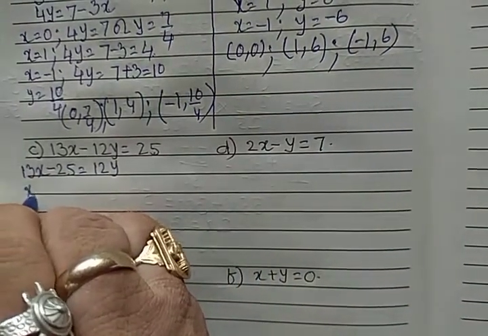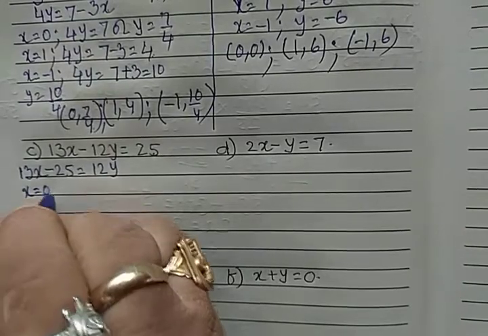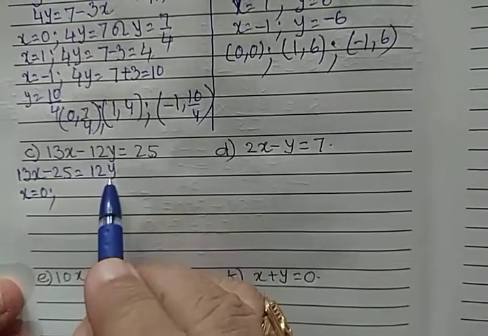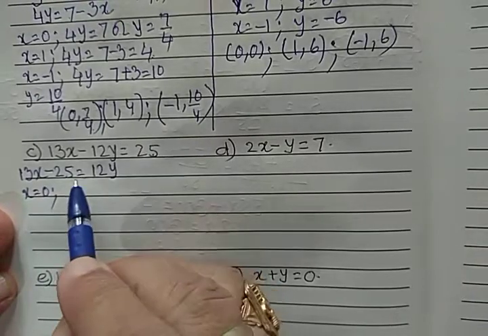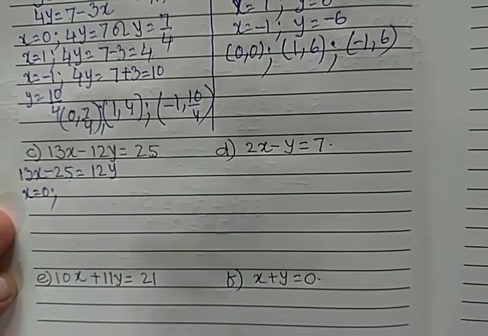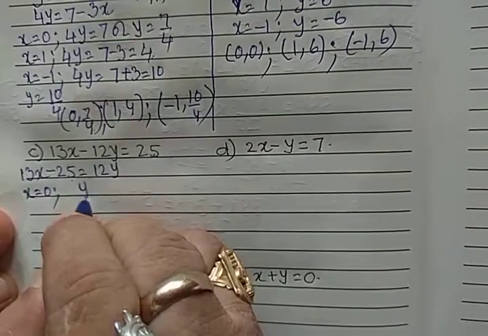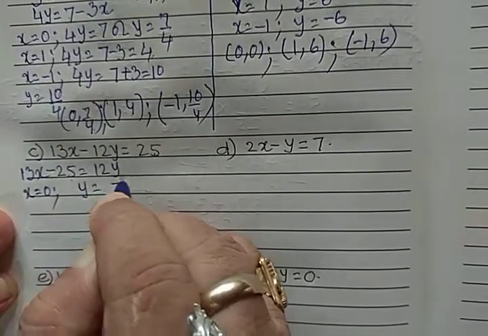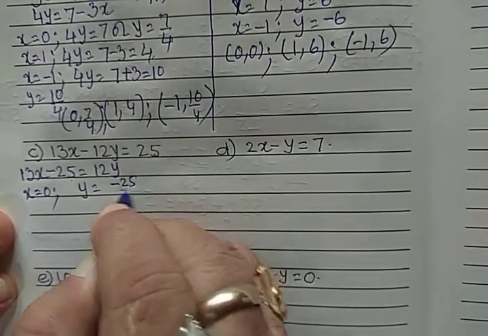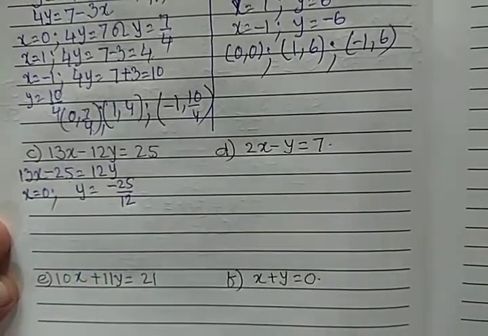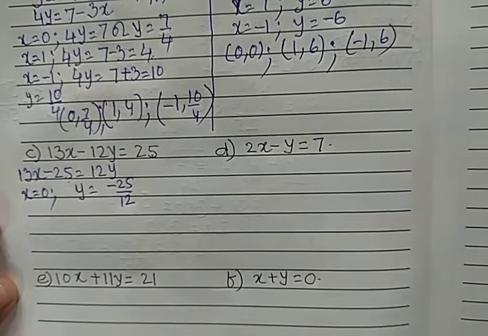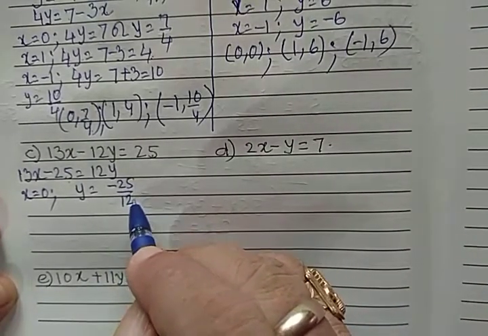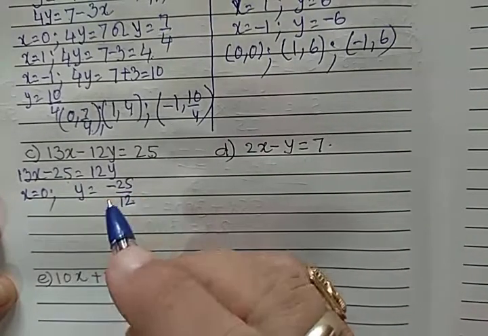If x is equal to 0, then what happens? 12y is equal to minus 25, or y is equal to minus 25 by 12. This is your first solution.